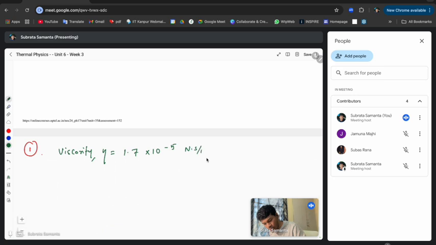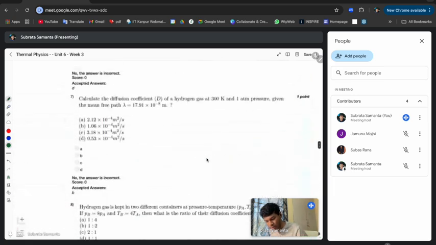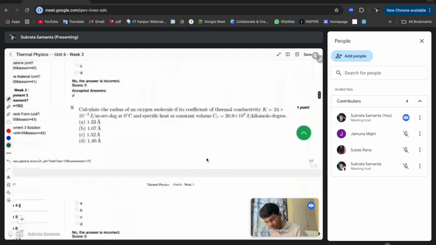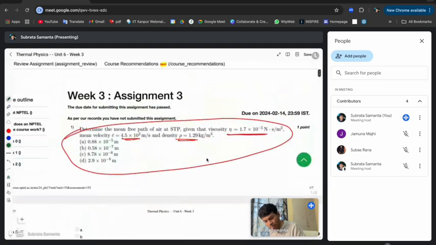The other quantity is the average speed, the mean velocity, C average, which is 4.5 times 10 to the power 2 meter per second. Another quantity is rho, the density, equal to 1.29 kg per meter cube.